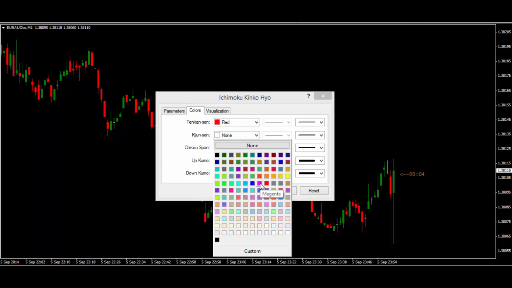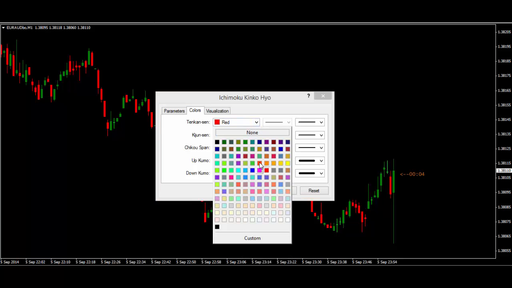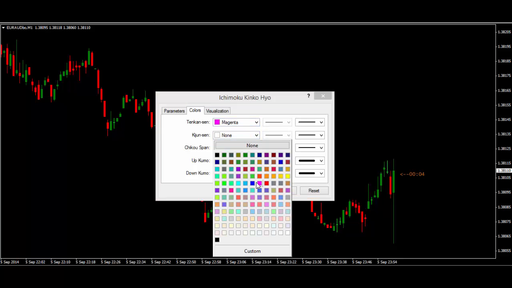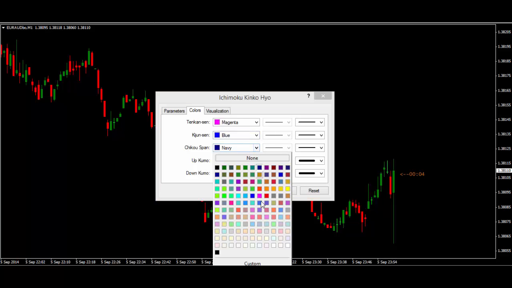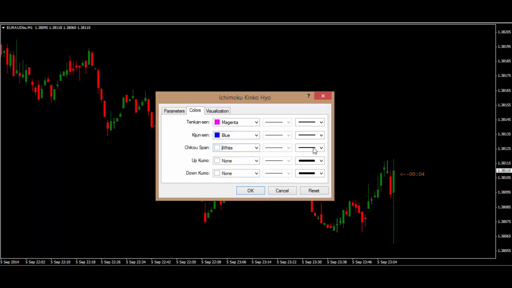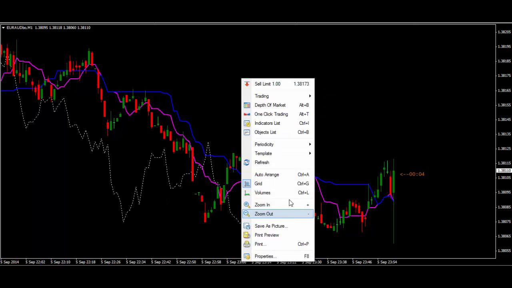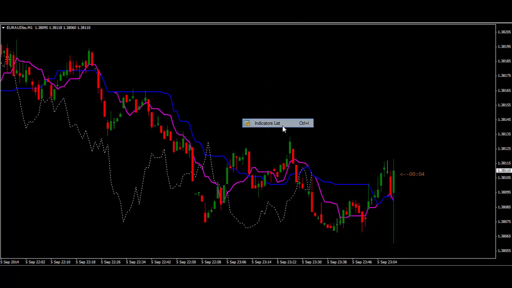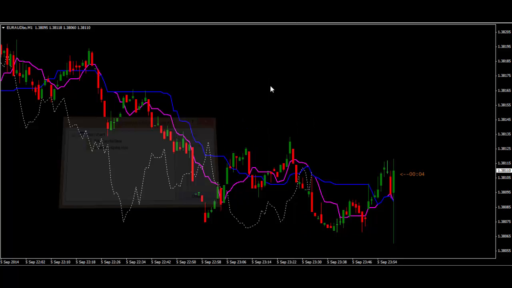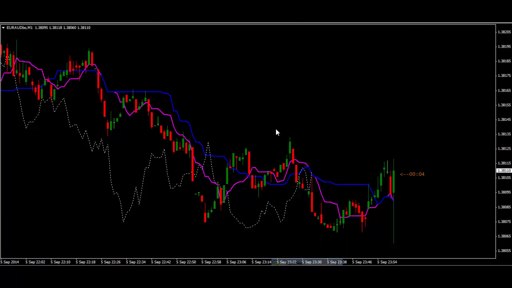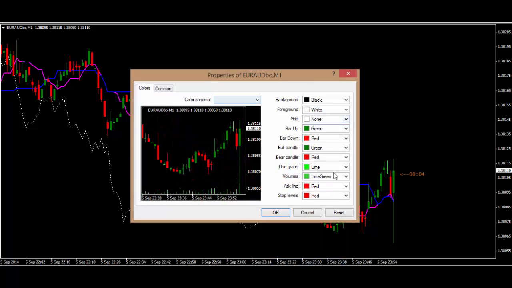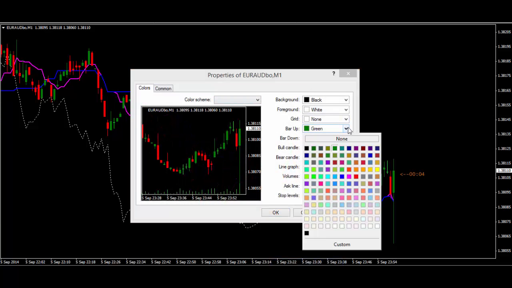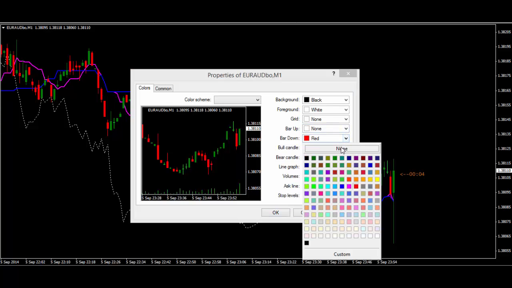Tenkan I like pink, and Kijun blue. Chikou can be white, dotted. I just want to show you how I see Ichimoku, so let's take out the chart as well and make it none.